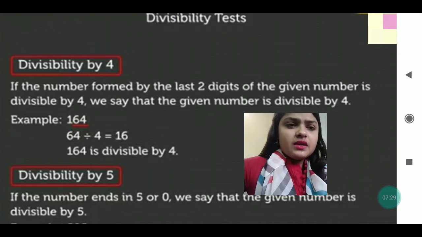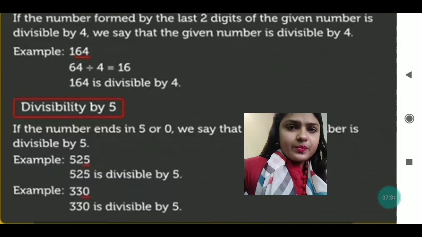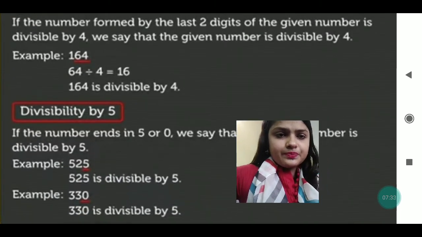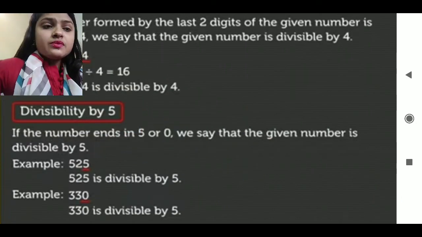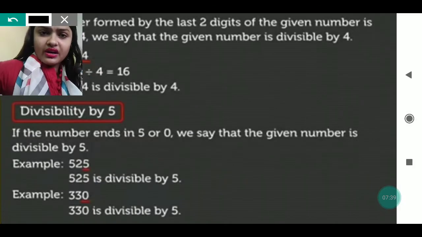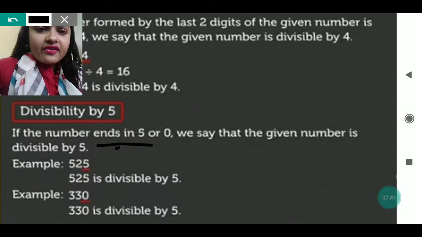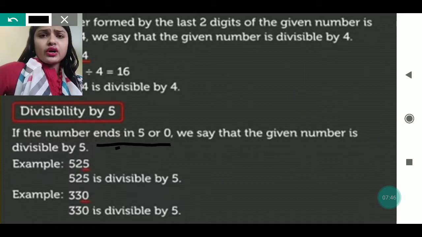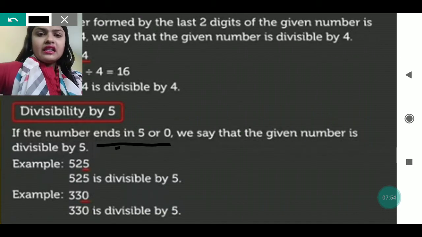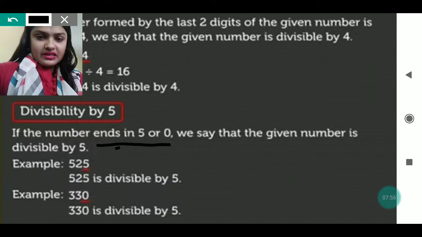Okay, now divisibility by 5. How can we say a number is divisible by 5? It's much easier than the rest. How? If in the end we are getting 5 or 0, for any number given, like 260 or 275. I have taken two examples here for you.